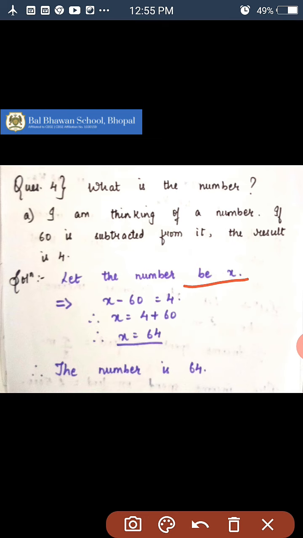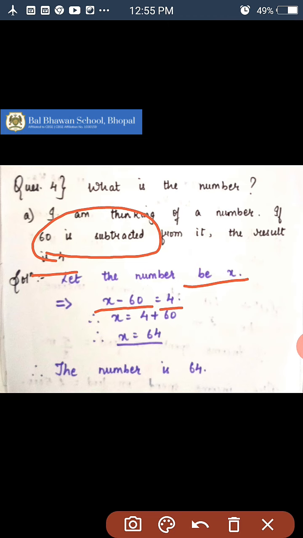Now from this x, if I am subtracting 60, it will become x minus 60. And the result or the answer you are getting is 4. So x minus 60 will become equal to 4.